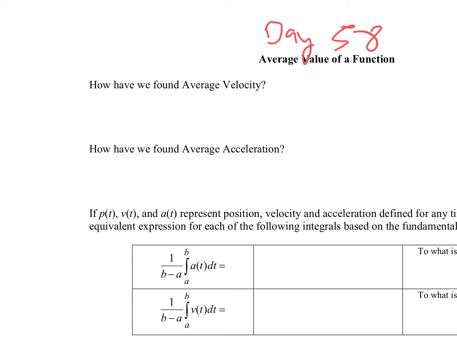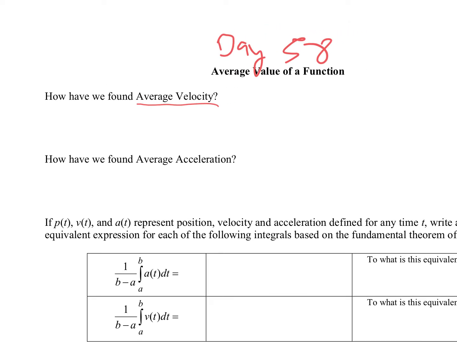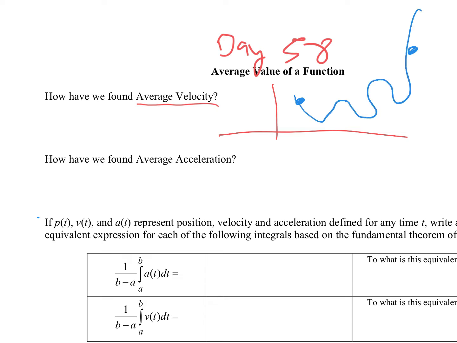How have we found average velocity? Well, the average velocity came from, let's see, if we only had one endpoint and another endpoint, and we don't know what was going on with this function. This function could have been doing all kinds of stuff, but we wanted to find the average velocity.